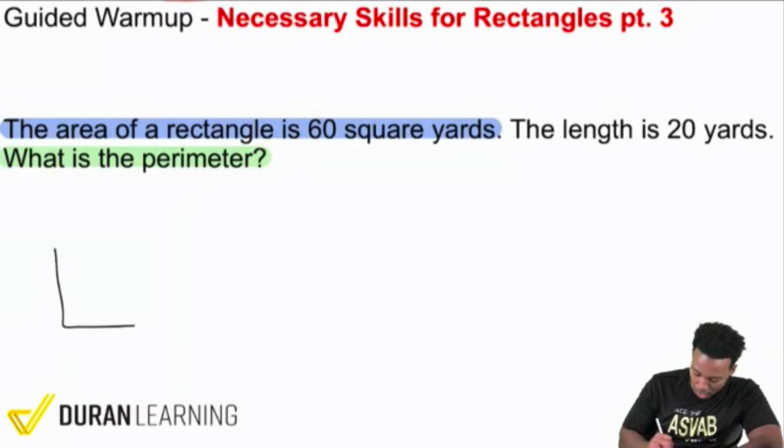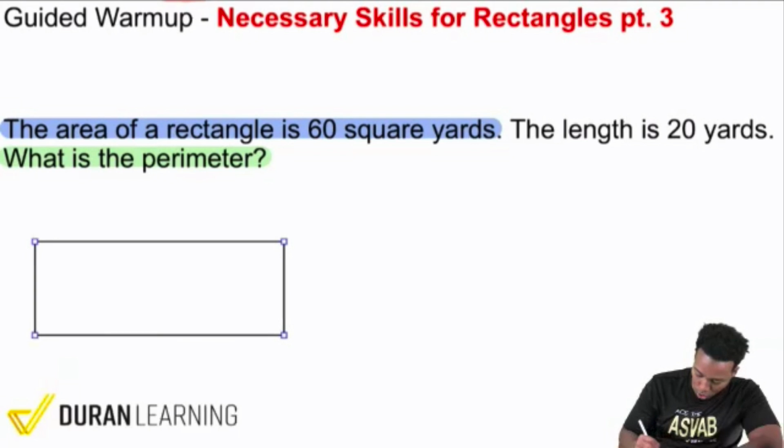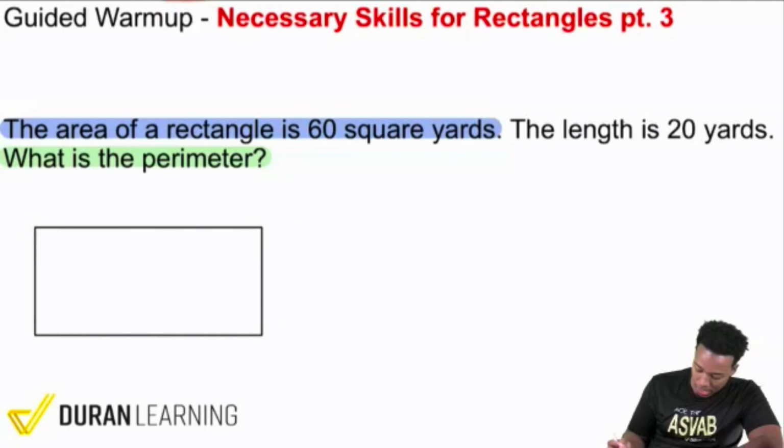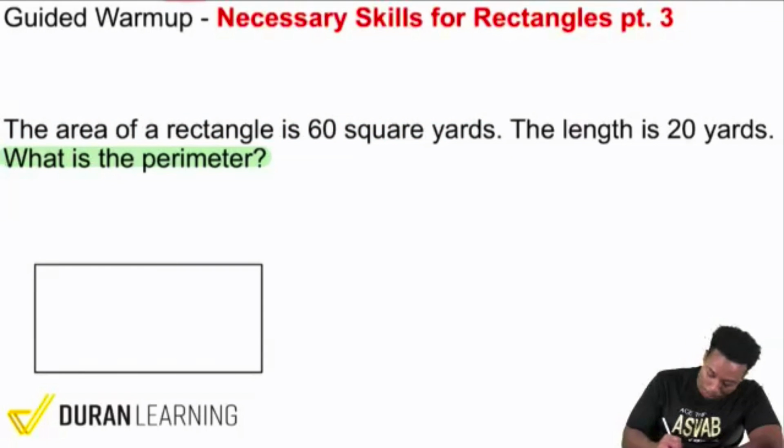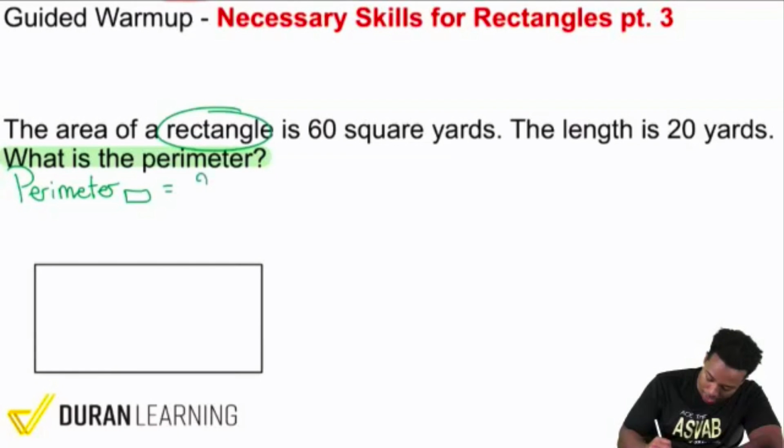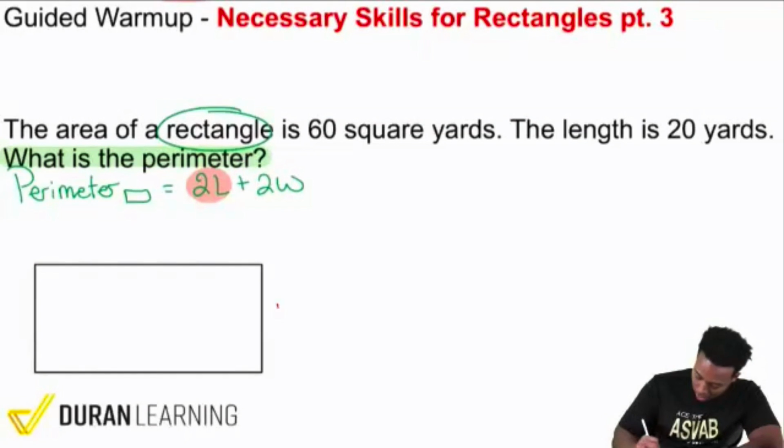If I am drawing this rectangle out, what I want, and this is what you should always do first, is to identify what I'm looking for. I made a mistake by highlighting that blue, but the perimeter of the rectangle is going to equal 2 lengths and 2 widths, because you're going to have 2 of the lengths and 2 of the widths.